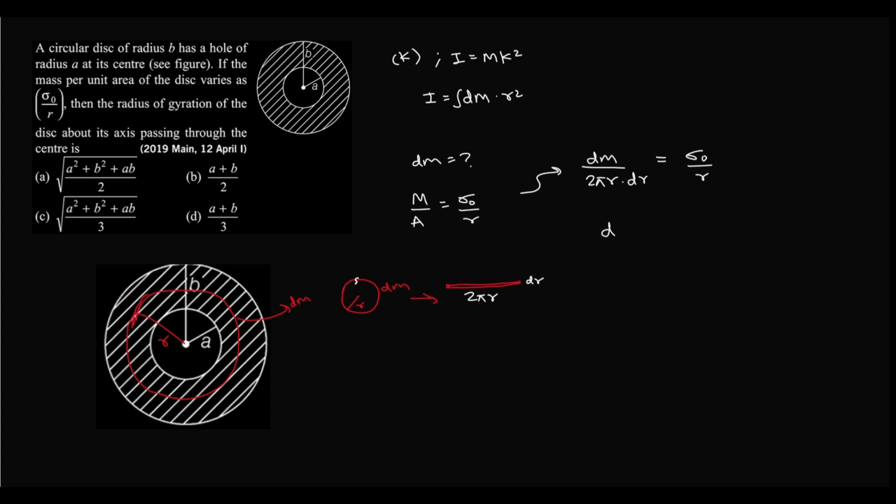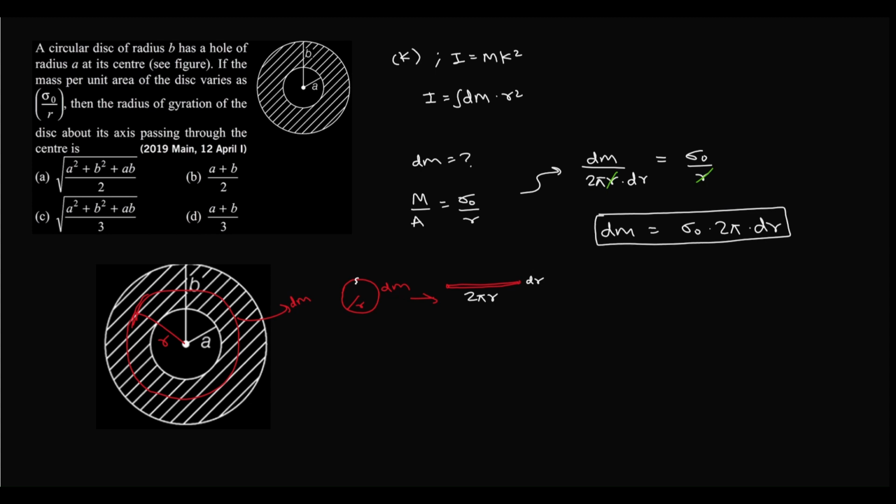So dm can be written as, this r and r would get cancelled out, and dm is sigma naught into 2 pi dr. So this is our dm.